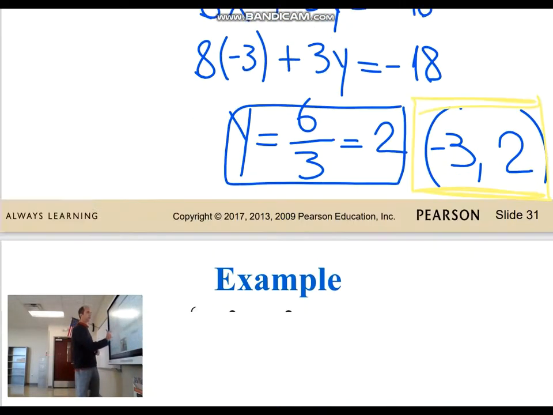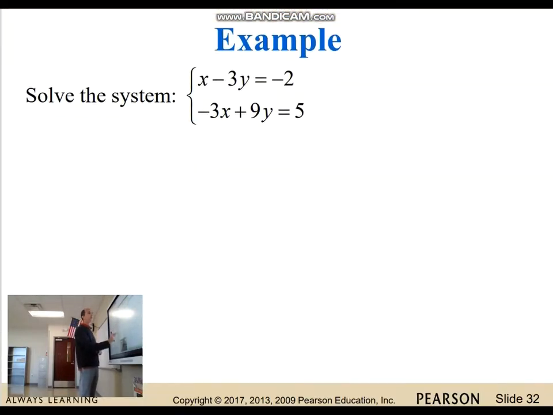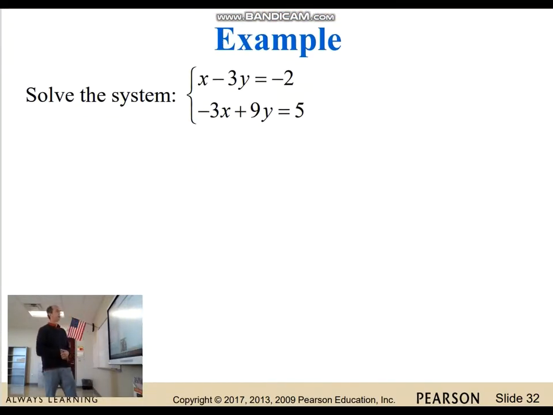Now let's work with another example. We have x minus 3y equals negative 2 and negative 3x plus 9y equals 5. And yes, this is interesting because look what's going to happen. We check, we don't have the same coefficient for at least one of the variables, right?